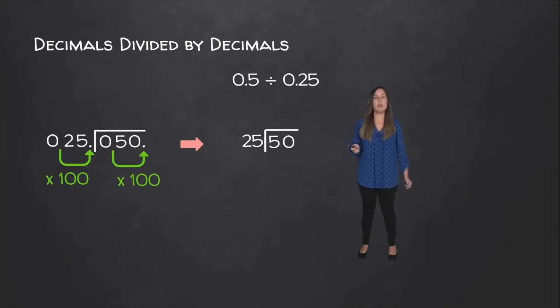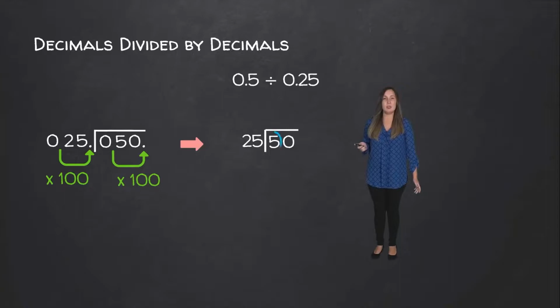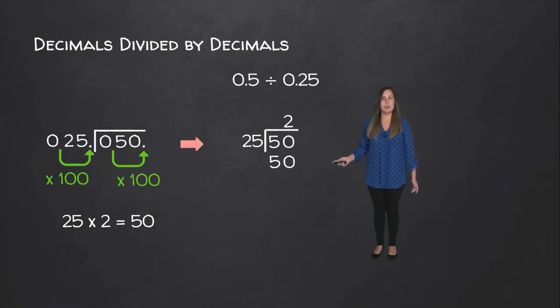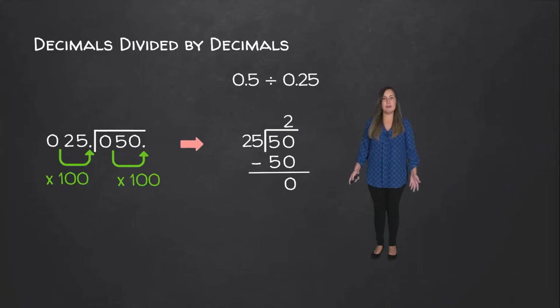And so then we ask ourselves, does 25 go into 5? Well, it doesn't. But 25 does go into 50 2 times, because 25 times 2 is equal to 50. So we take that and subtract, and we get 0. That means that 5/10 divided by 25/100 is equal to 2.